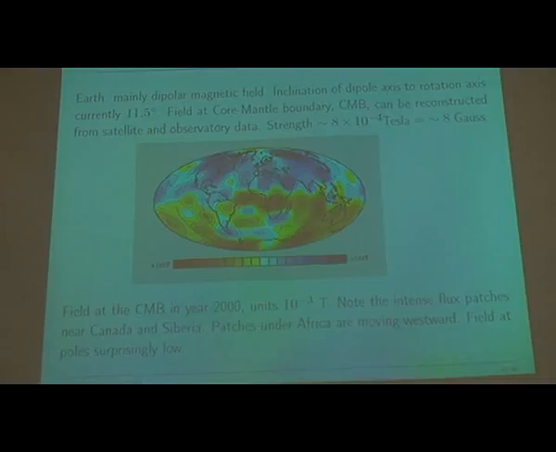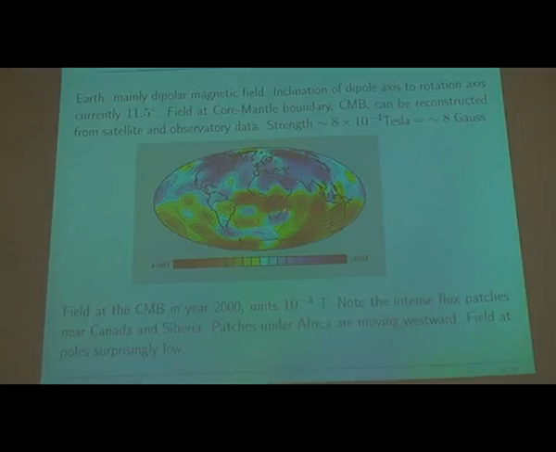Now if you look at this picture, what do we see? First of all, it is basically dipolar, even though we've extrapolated it down to the core mantle boundary. This up here is basically blue, and this down here is basically orangey red or brown. But it's nothing like a perfect dipole. There are a considerable number of reverse flux patches, and I'll talk a bit more about those.